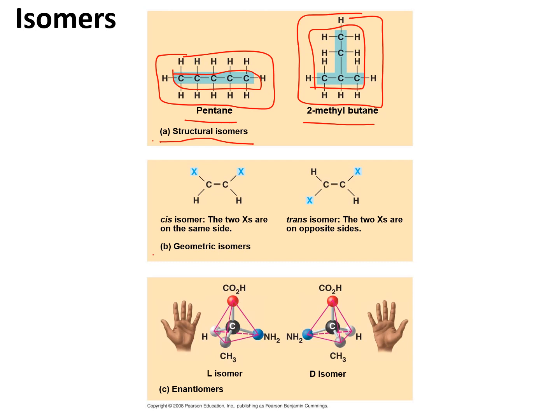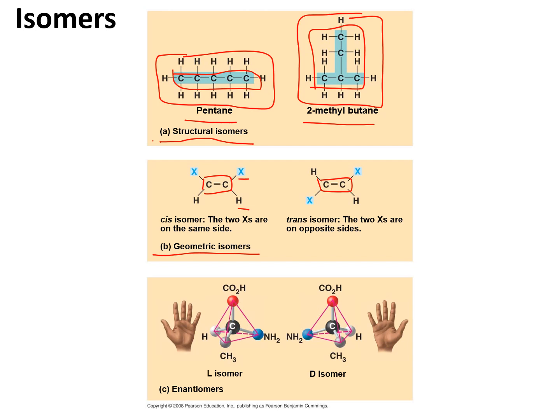Second type of isomer are geometric isomers. So geometric isomers also have the same number and same type of atoms, but here they have a very similar structure. And in this case, you have 2 atoms that are bound together by double bonds, and then each carbon atom is singly bonded to a hydrogen and to some other functional group.